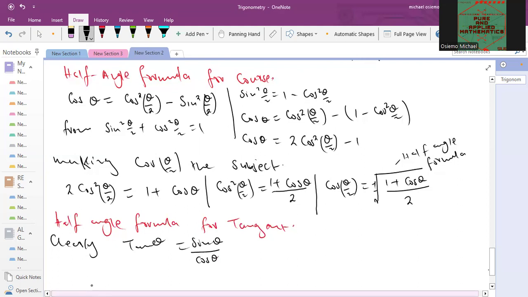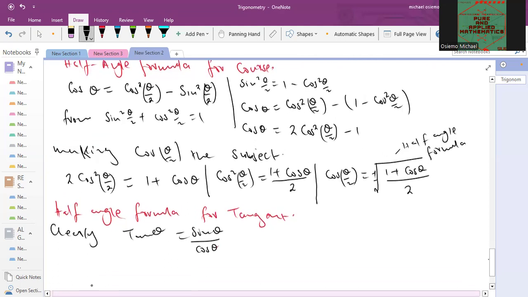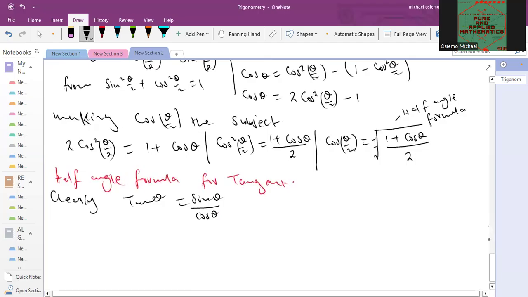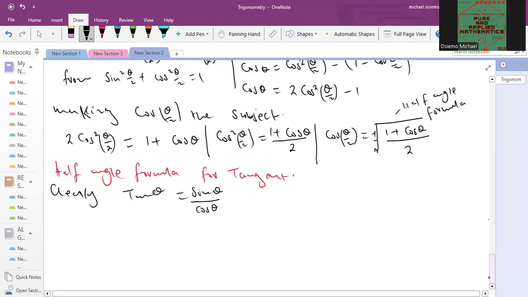And so therefore, tan theta over 2 is equal to sin theta over 2 divided by cos theta over 2.